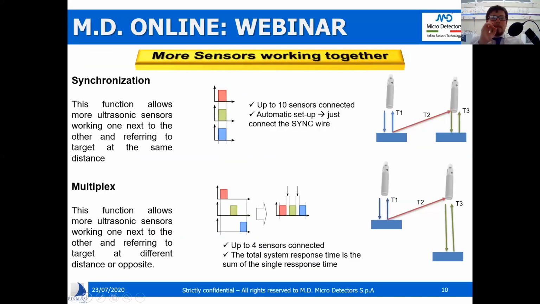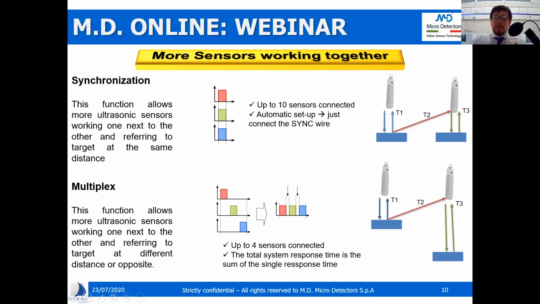Okay, now something interesting that we have on some models, for instance on our UK1 and UT series, which are, let's say, the synchronization and multiplex functions. They make the sensors able to work together, one beside the other.